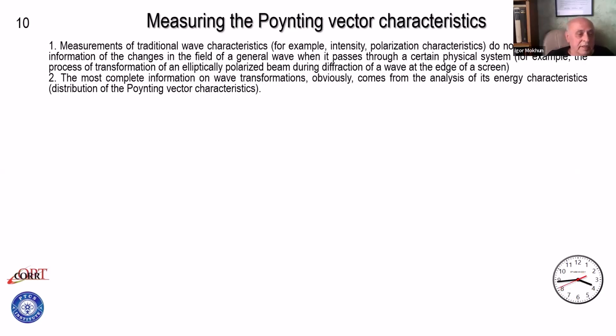For example, the process of transformation of an elliptically polarized beam during diffraction of a wave at the edge of a screen. Second, the most complete information on wave transformation obviously comes from the analysis of its energy characteristics, in other words, the distribution of the Poynting vector characteristics.